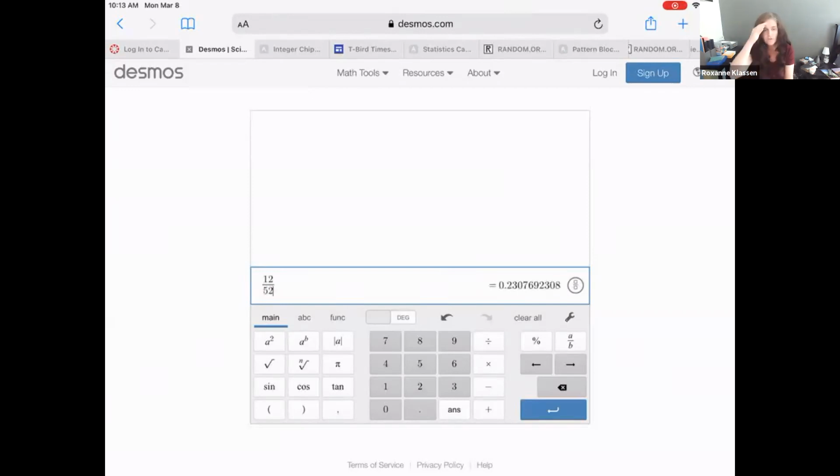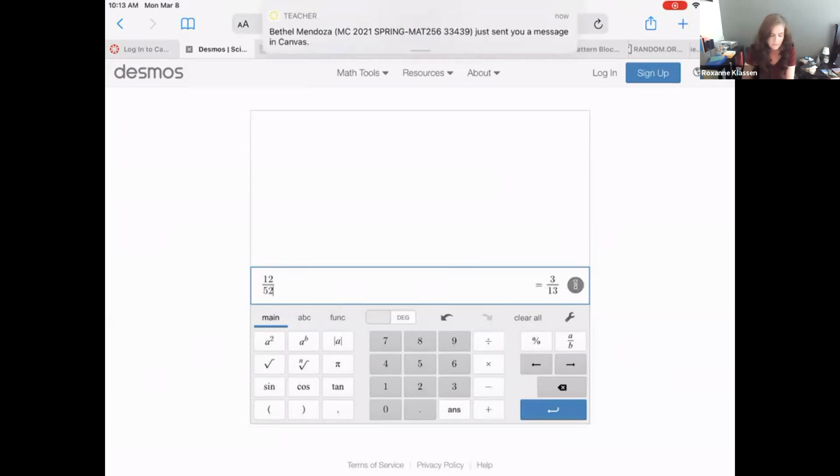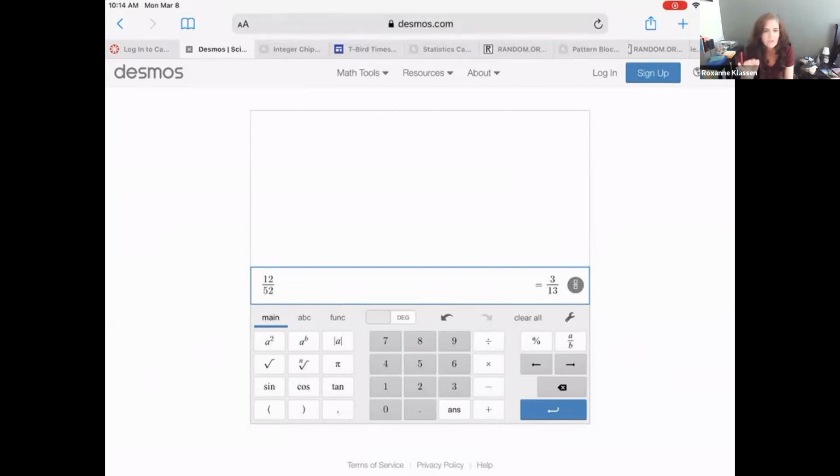It gives you the percent, but on the Desmos calculator, if you just hit this little fraction circle, it gives you the simplified fraction. Do you see that? So if you're having trouble simplifying fractions, the Desmos scientific calculator is very, very helpful. So if you just put in the fraction, then it'll give you the decimal, but this little button right here on this far right will give you the simplified fraction.